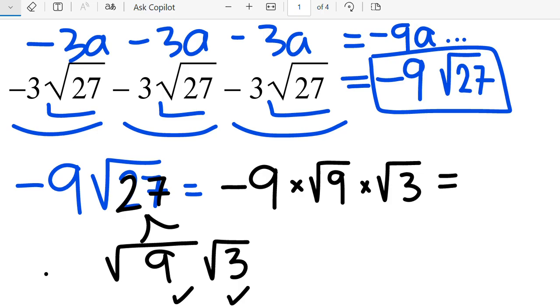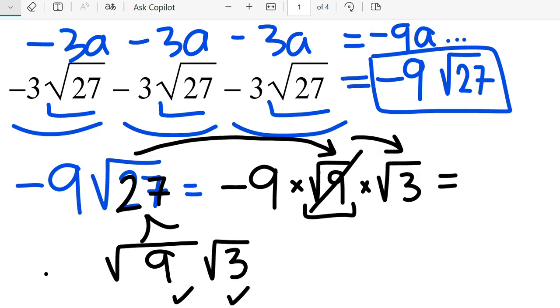One more time. Instead of writing 27, we have 9 multiplied by 3. The reason we did this is, what is square root of 9? 3, right? So we have basically minus 9 multiplied by 3 multiplied by, do we know square root of 3?